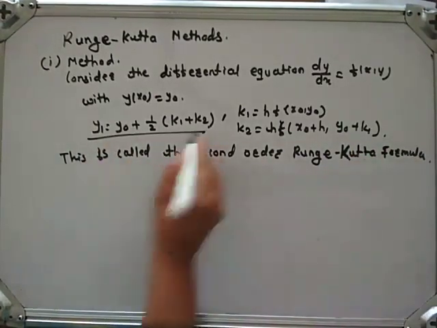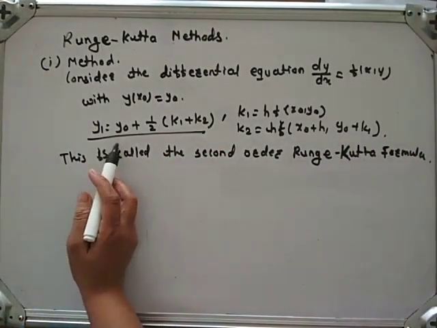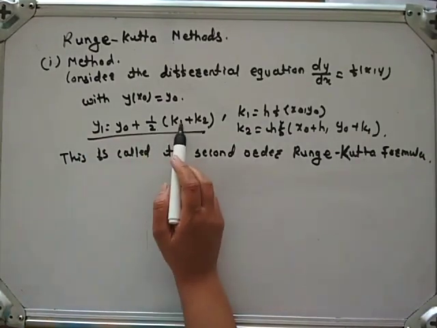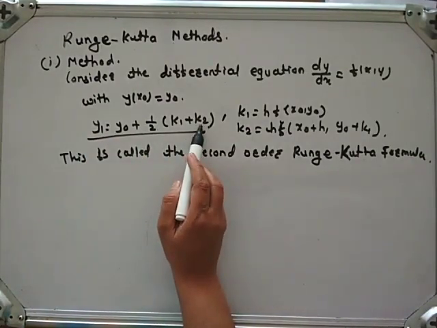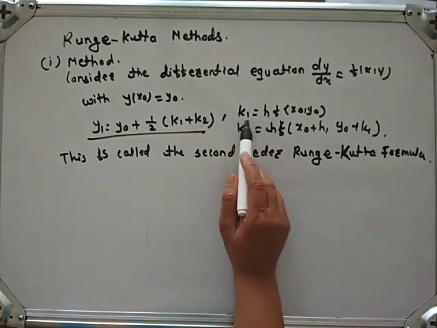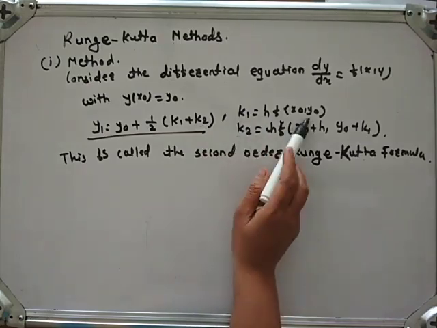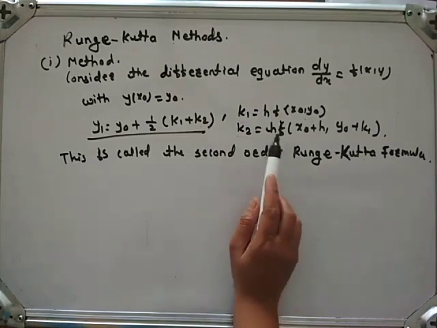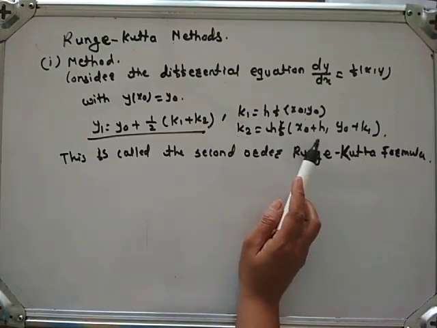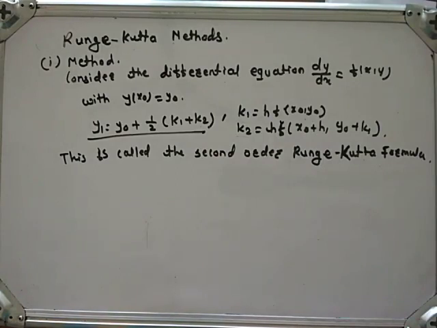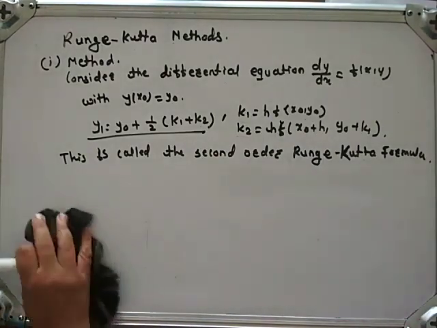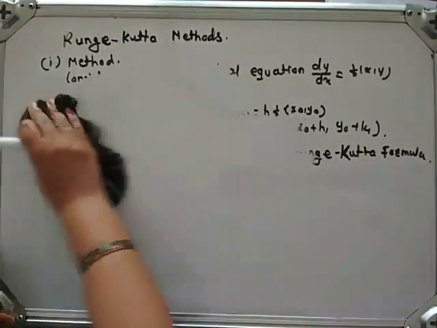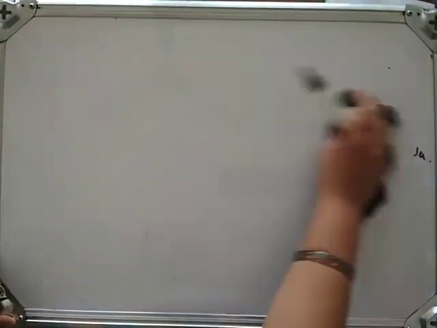Just keep in mind this formula: y1 is equal to y0 plus 1 by 2 into k1 plus k2, where k1 is equal to h into f of x0 comma y0 and k2 is equal to h into f of x0 plus h comma y0 plus k1. Let us see some examples based on this method for better understanding.